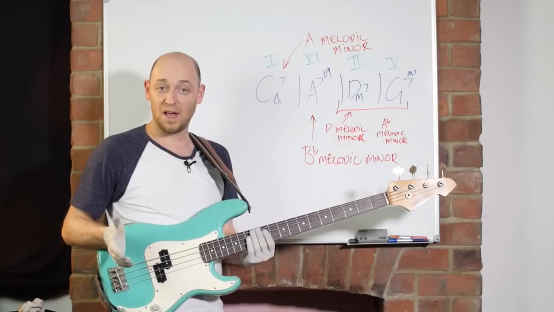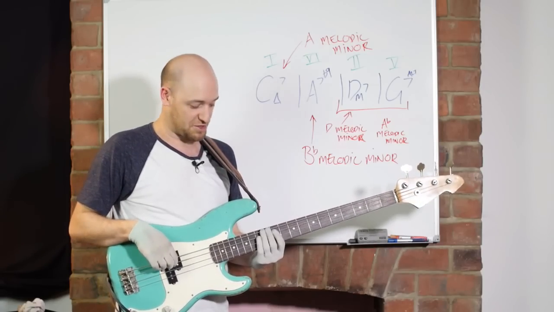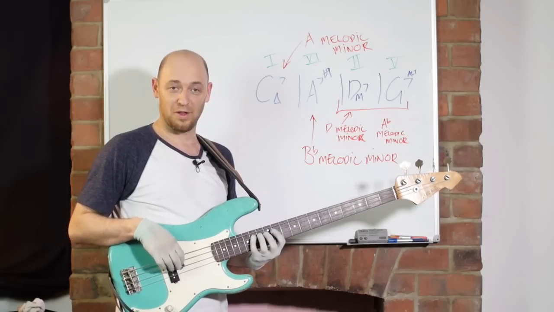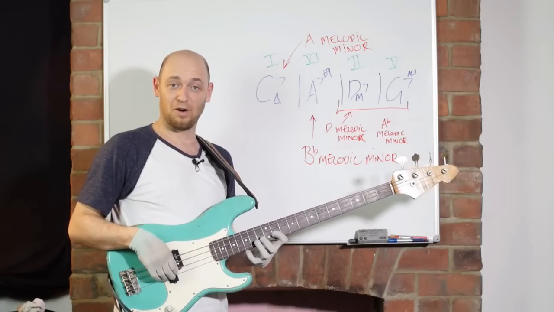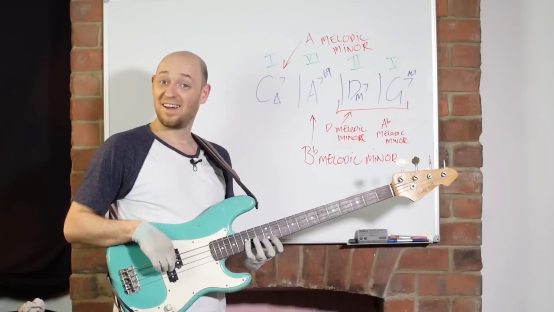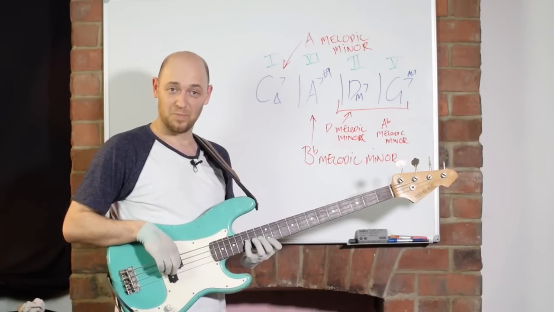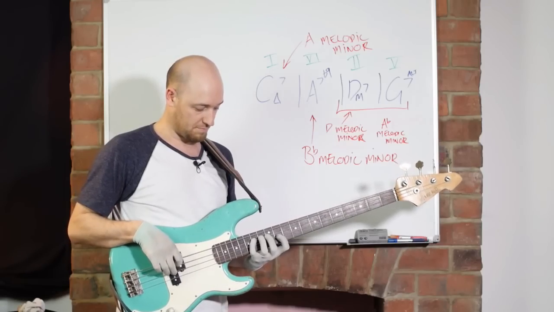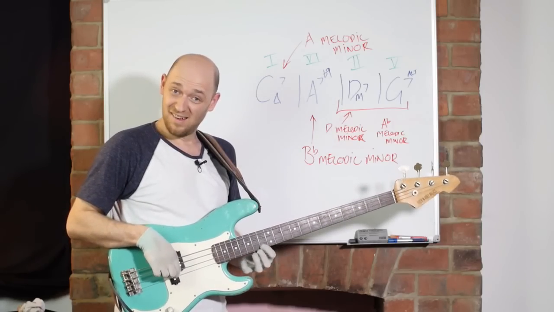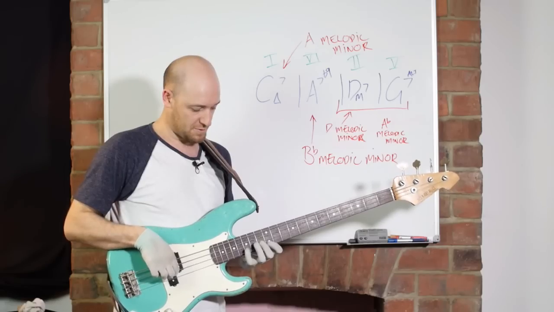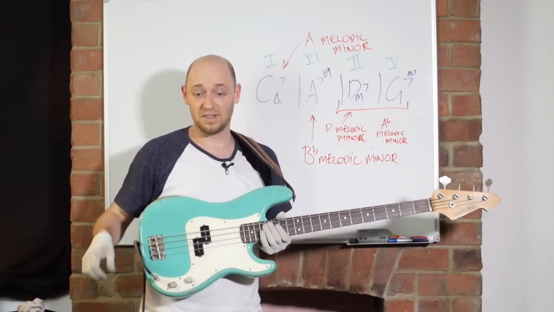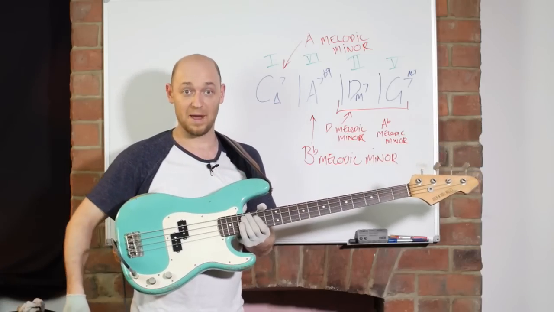Now let's just play the A flat melodic minor scale, which is root, 9, minor 3rd, natural 4, natural 5, natural 6, major 7, and then root. If you want to think about it like this, it's like a Dorian scale with a major 7, right?